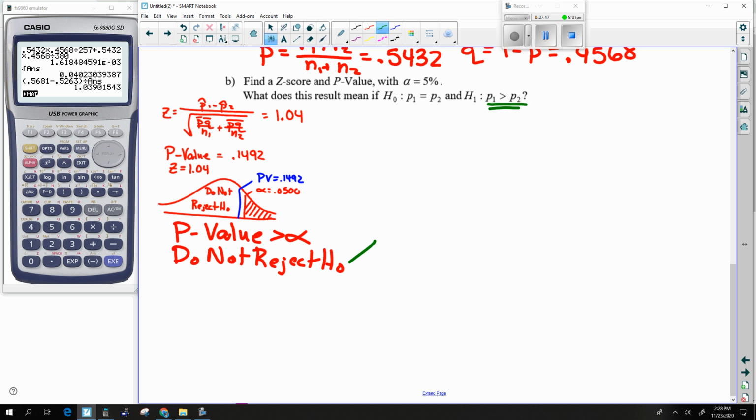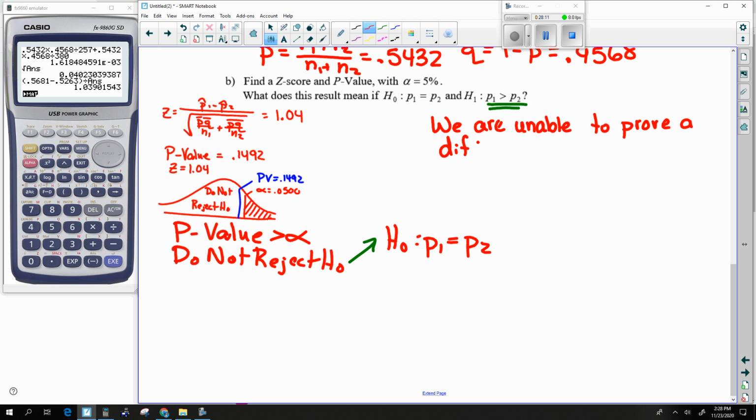That means our answer is going to be the H naught. So let's see what that says. H naught says P1 is equal to P2. Okay. So we're unable to prove a difference between. We're talking about your probability.